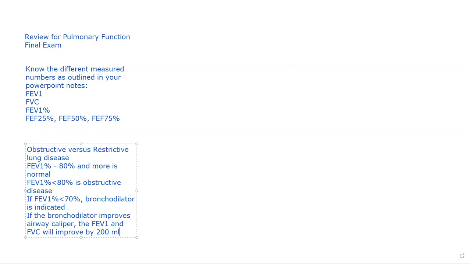So remember that's 0.2 on most of the studies that we're looking at, we're looking in liters.